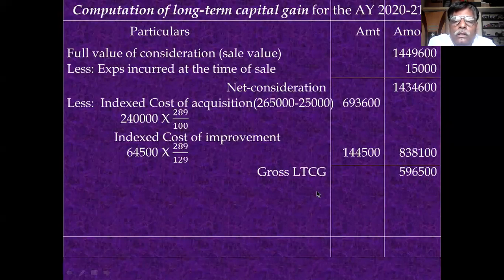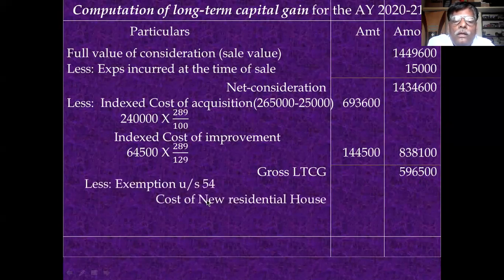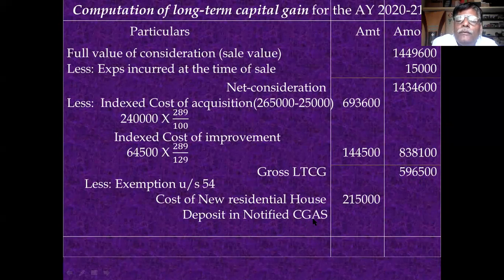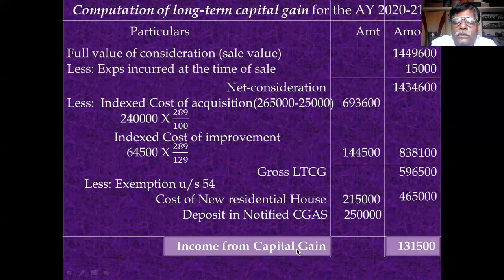Then you deduct the exemption under section 54. Cost of new residential house is 2,15,000. Next, deposit in notified capital gain account is 2,50,000. So the total available deduction is 4,65,000. You deduct 4,65,000. The remaining balance is called income from capital gain.